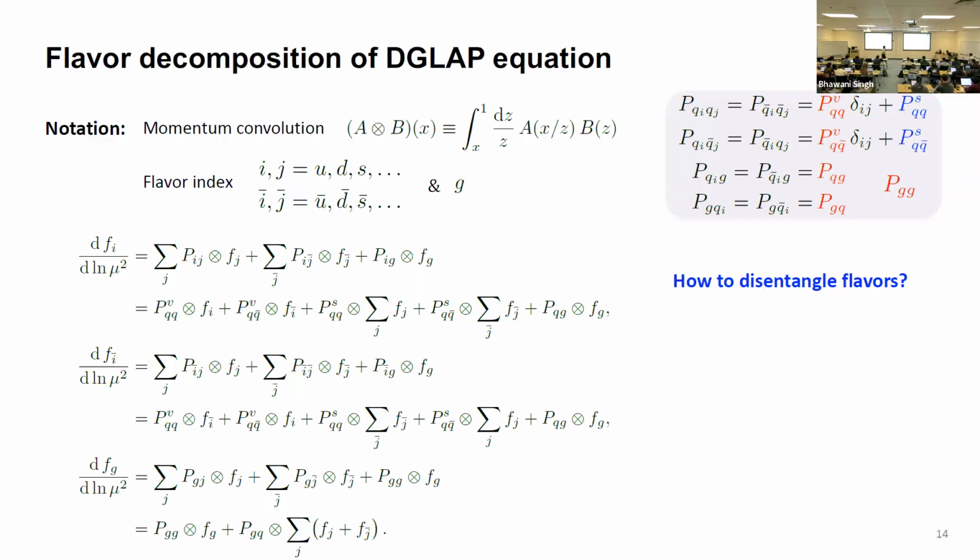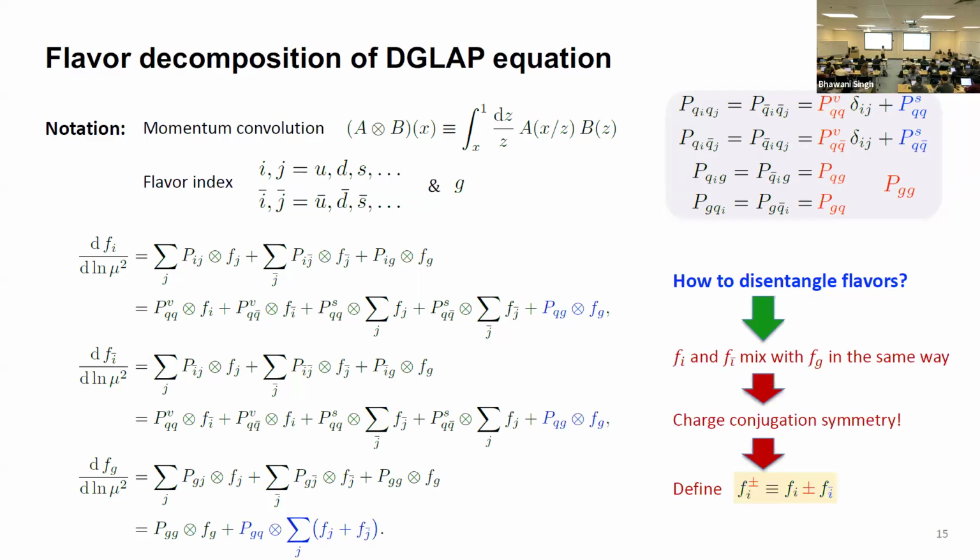And how do we disentangle all these flavors? We have used the charge conjugation symmetry. And then to go further, we notice that this quark and anti-quark PDF mix with the gluon PDF in the same way, by the same kernel.